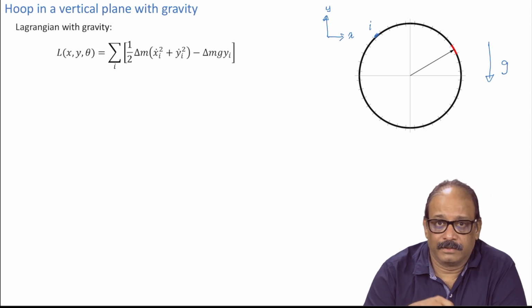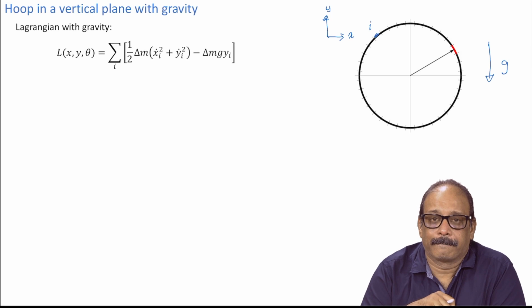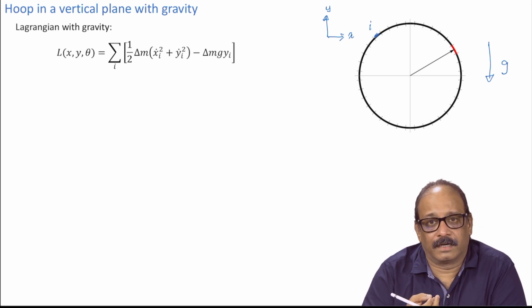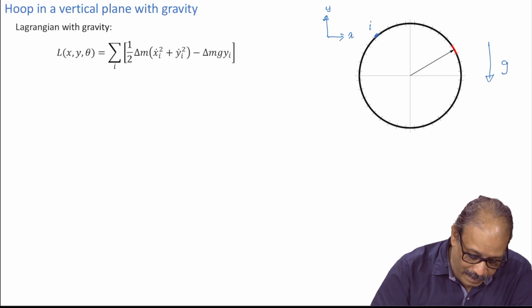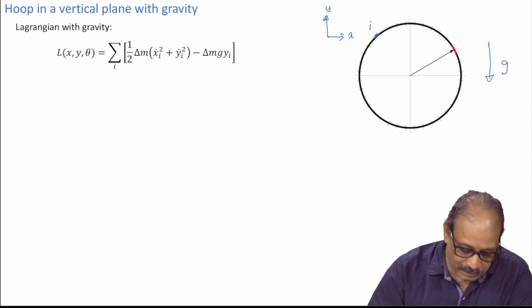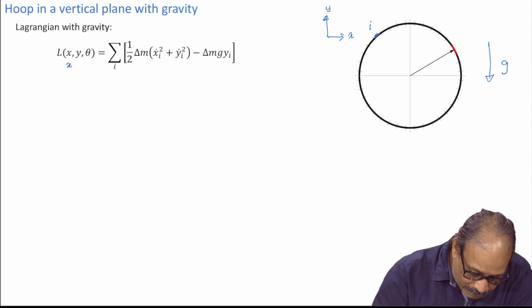And eventually of course I have written this in terms of the coordinates of individual segments. I want to write this in terms of generalized coordinates, and remember the Lagrangian is a function of x, y, theta, and I have forgotten to write here x dot, y dot and theta dot.